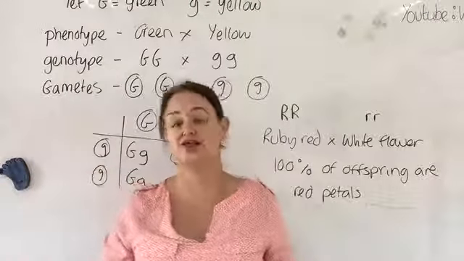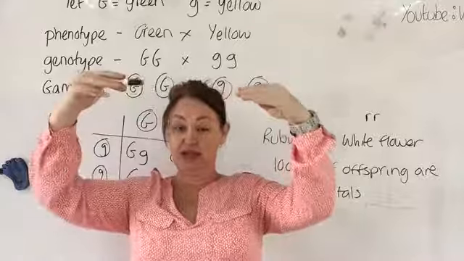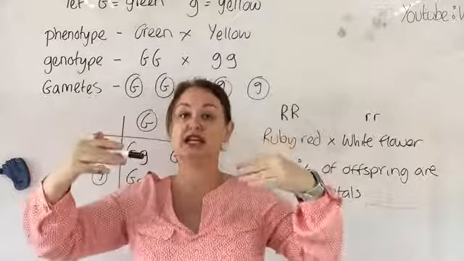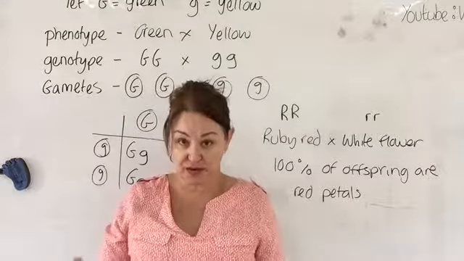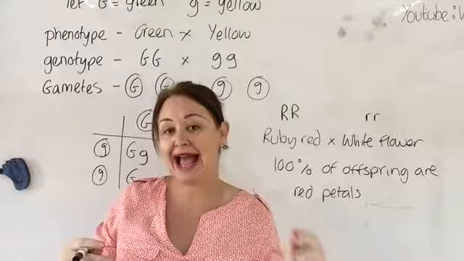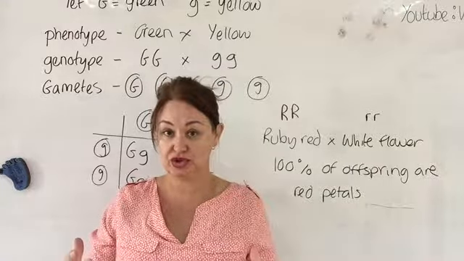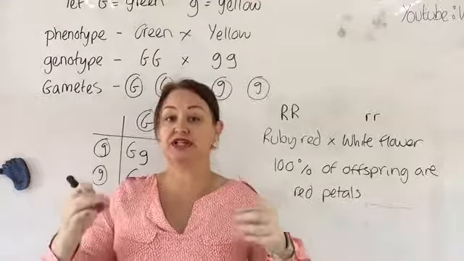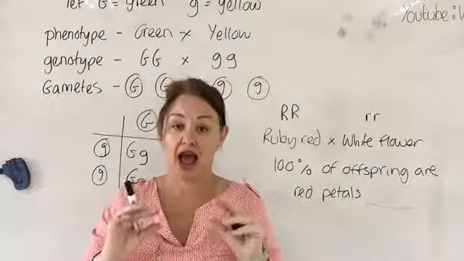So the point I'm trying to get to is that we can use phenotypes and genotypes to work forward and predict the phenotypes and the genotypes of the offspring. But looking at the ratio of offspring produced, we can work backwards and we can find out what the genotypes of the parents were. How?